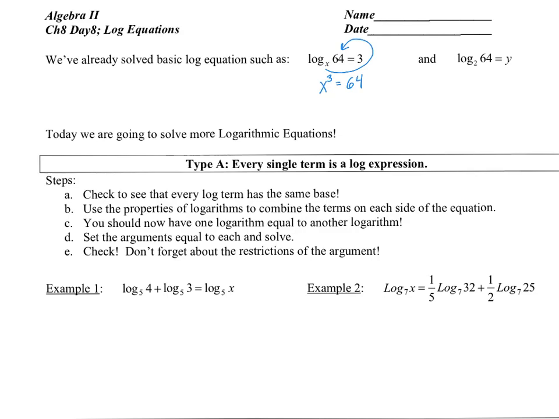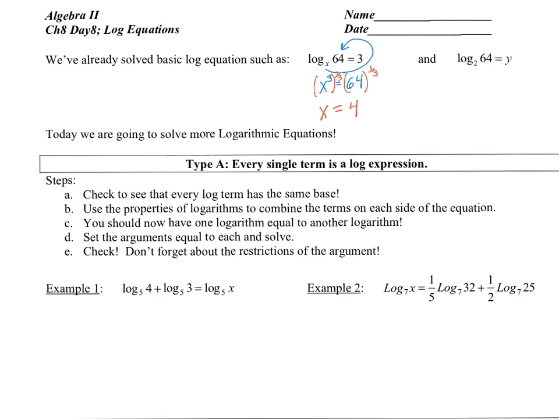Since we are solving for x, and x is cubed, we either want to take the cubic root of both sides to cancel out that x cubed, or we can raise both sides to the reciprocal power. In this case, we're raising it to the 1/3. Remember, an exponent of 1/3 is the same thing as taking the cubic root of a number. So we'll get that x is equal to 4.